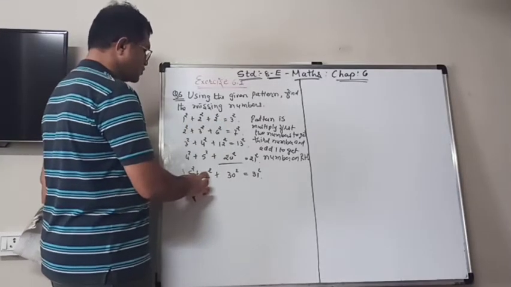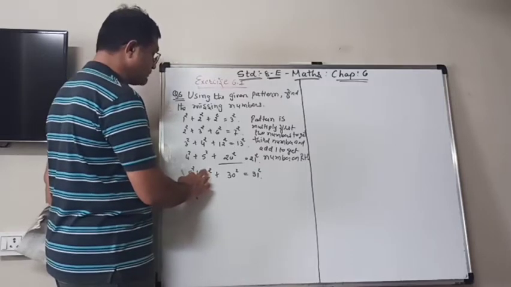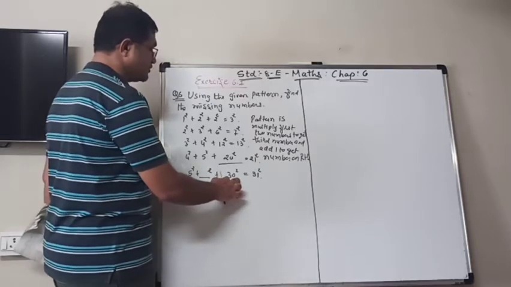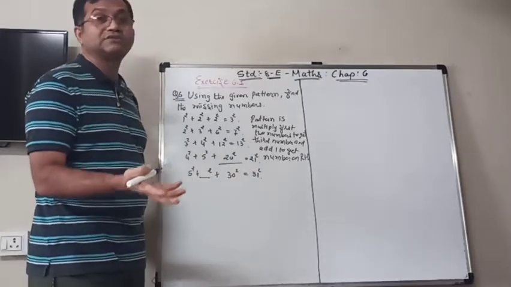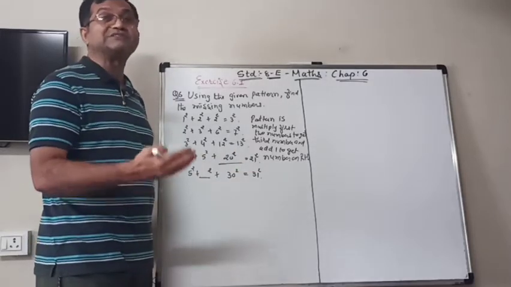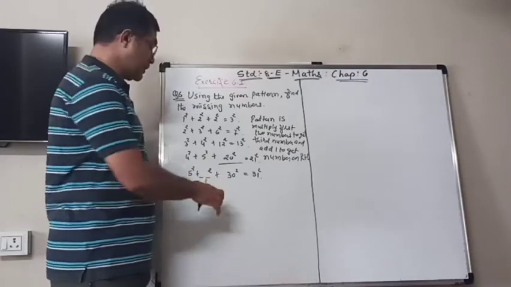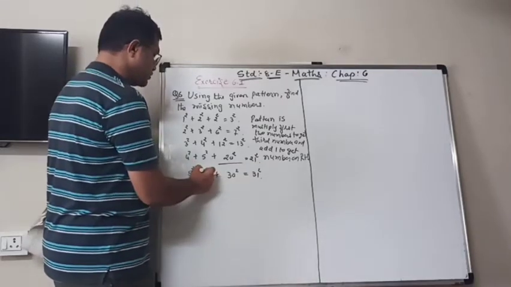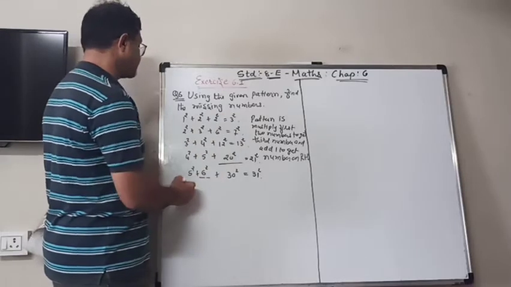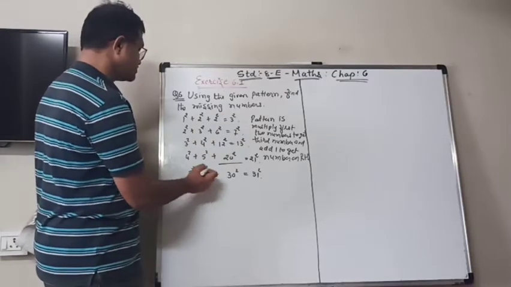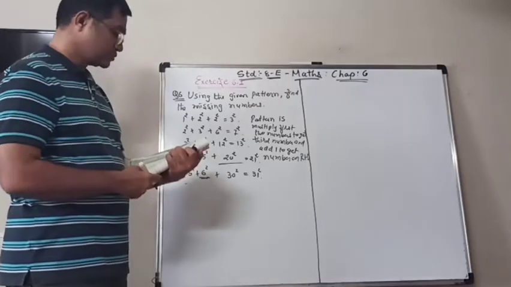So 5 should be multiplied with which number so that we get the third number 30? In the table of 5, 5 6s are 30 and plus 1 is 31 already. So your answer is 6 square. So 6 is your answer.